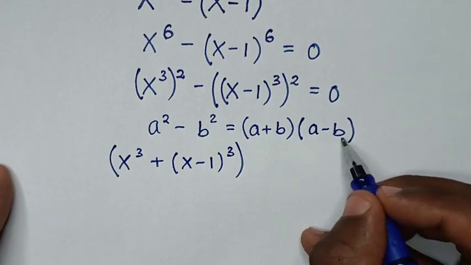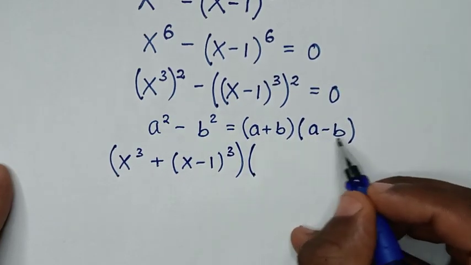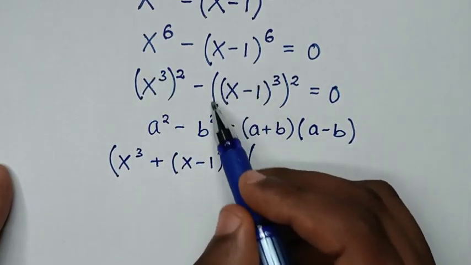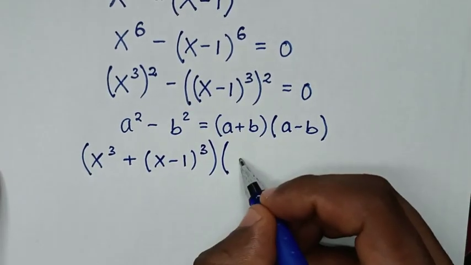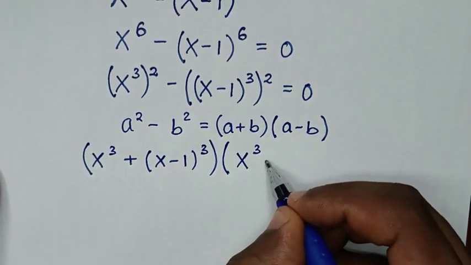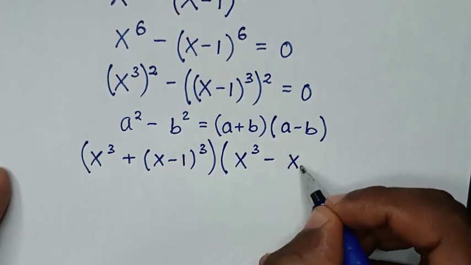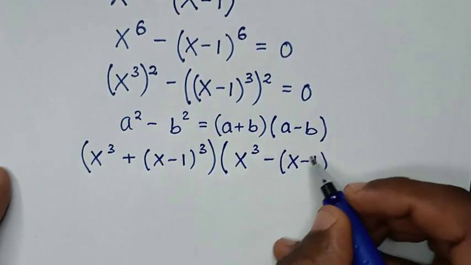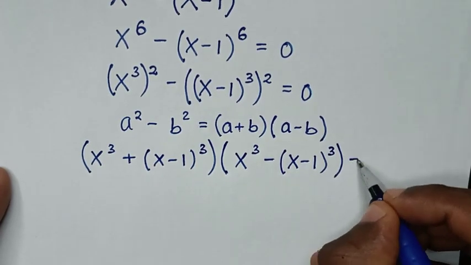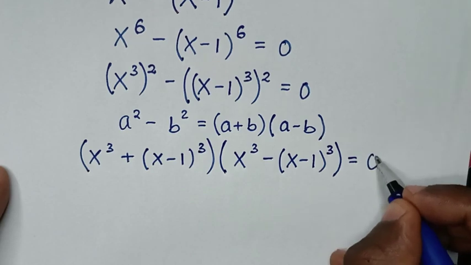Then times a minus b, it will be this minus this, which is x^3 - (x - 1)^3, is equal to 0.